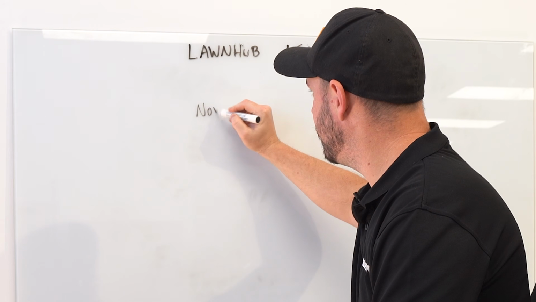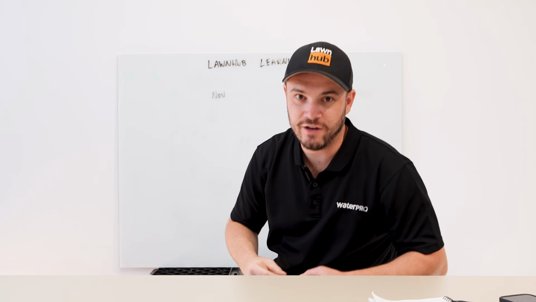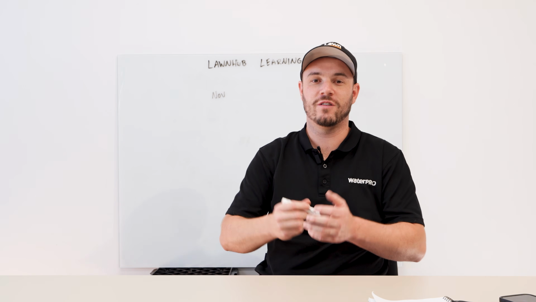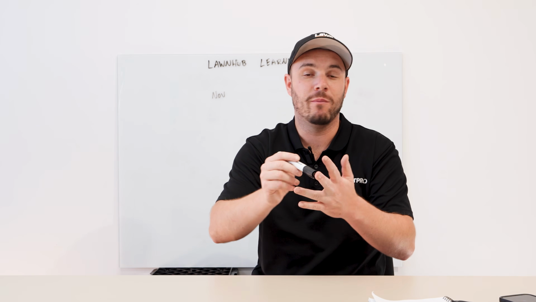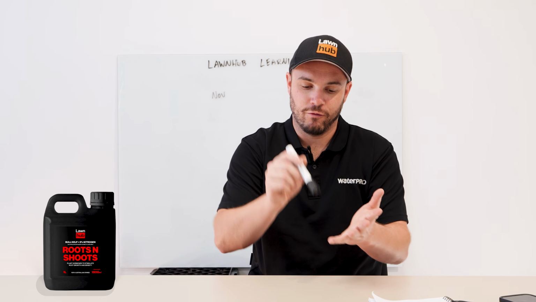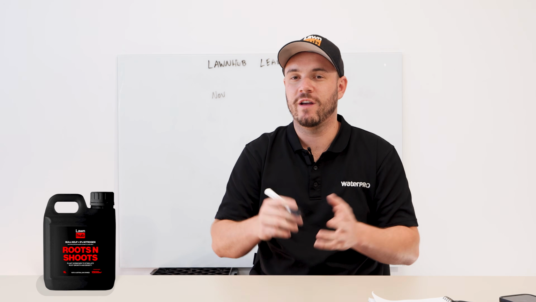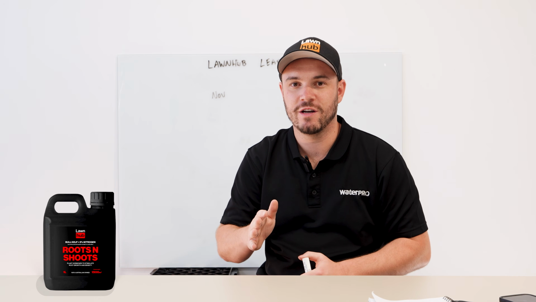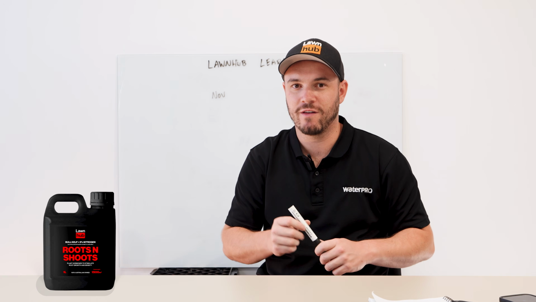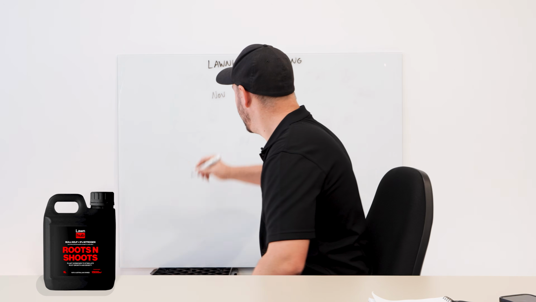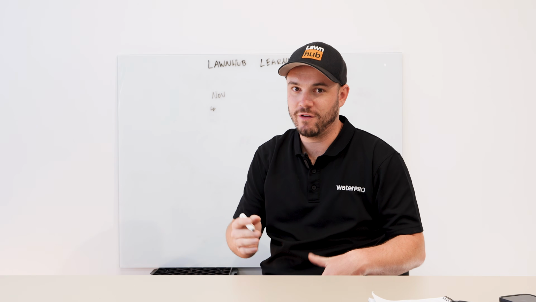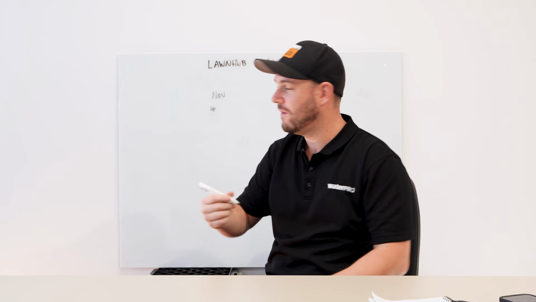So November, this is when we're going to start introducing our liquid fertilizers. Things like Roots and Shoots, 3-Way, and potentially Money Shot. Roots and Shoots is perfect for after that renovation time when you've got that fresh green leaf coming through. And again, this will all depend on your recovery time in your area where you live.